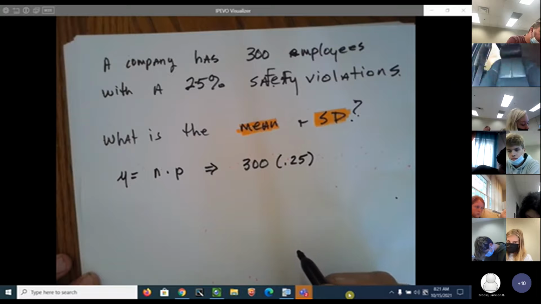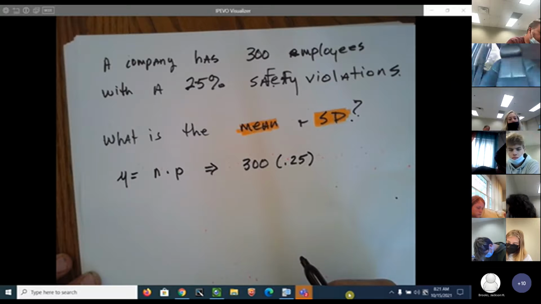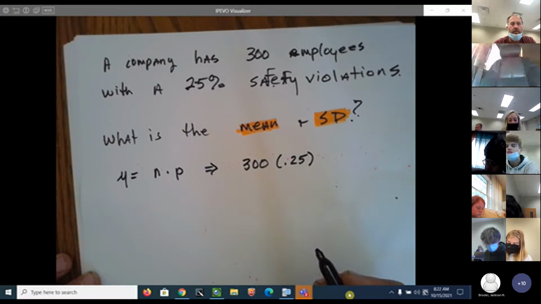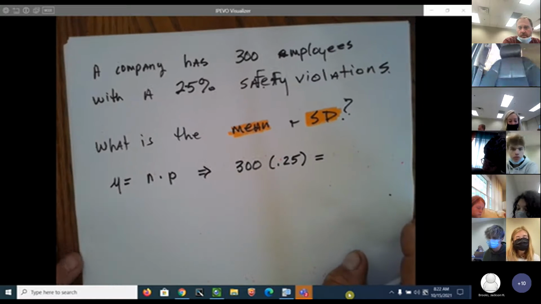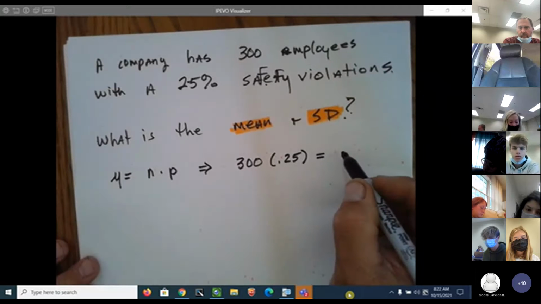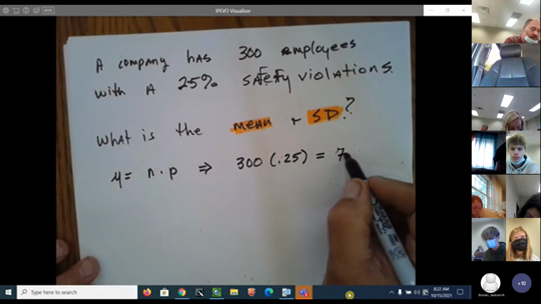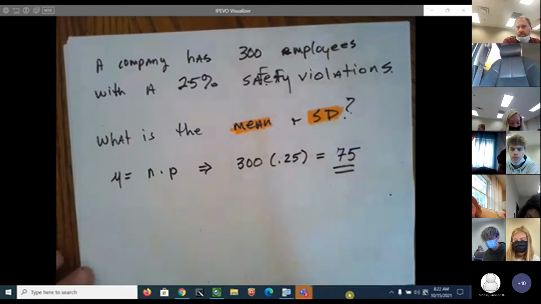Well, 20% is going to be 60, and then half of 30 is 15, so that would be 75. Somebody check my math. What's 25% of 300? Somebody take 0.25 and multiply it by 300, please. Is it 75? Yeah, 75. So the mean is 75.